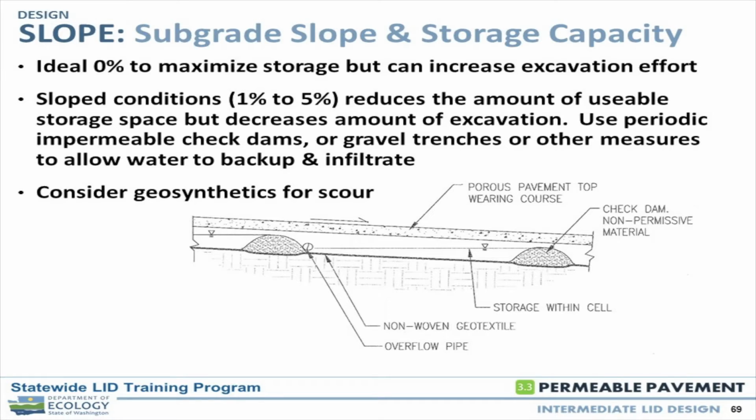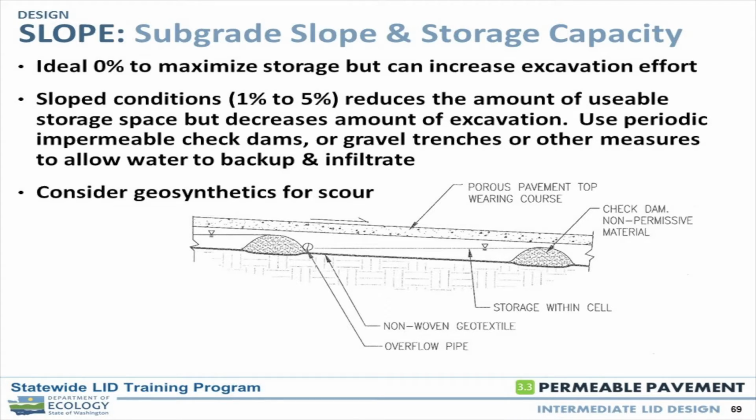I'm a little more of a fan of, and we'll see a detail coming up, a plastic liner type check dam, because with the liner check dam you have the advantage of not compromising the section, not having any non-uniformity in the base rock. Where you have these mounds as they're drawn there, as much as we would want to compact those, it would be a discontinuity in the base, and I would generally prefer the liner approach.